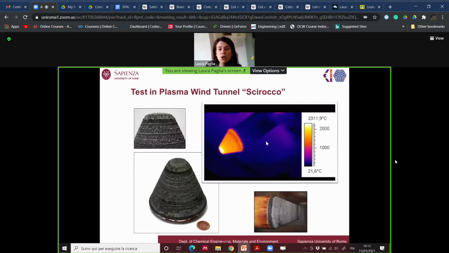And then we have a different shape and color after testing, obviously because we had the phenomenon of pyrolysis, and for this reason we had a different material with a higher percentage of carbon inside, because only the pyrolysis gas of the phenolic resin left the material, and so we do not have phenolic resin on the outer layer of the material.